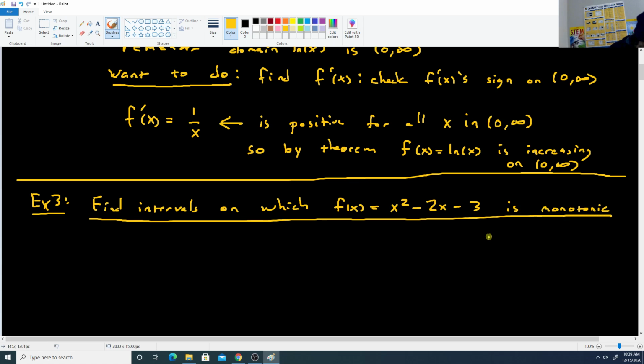And let's see, I'm not sure if we defined that word yet. I think we didn't, so we're going to define that real quick.